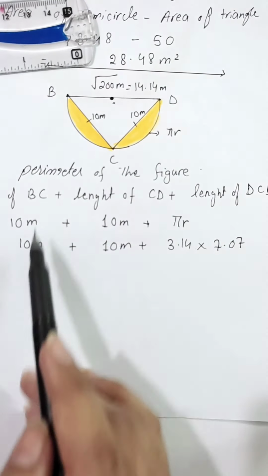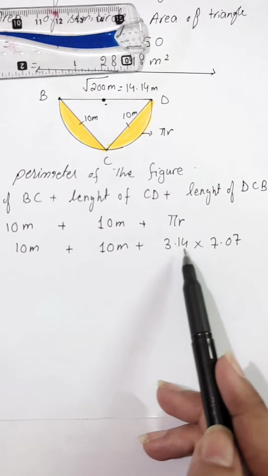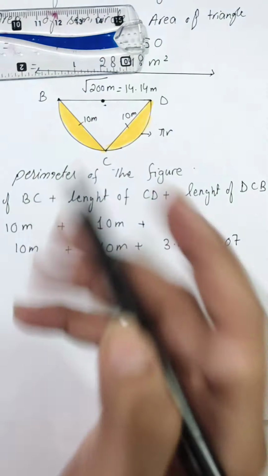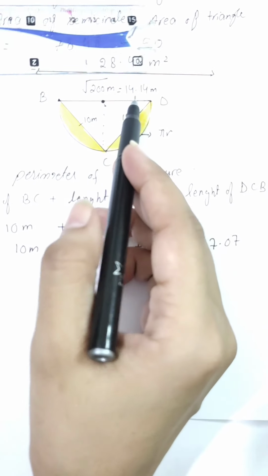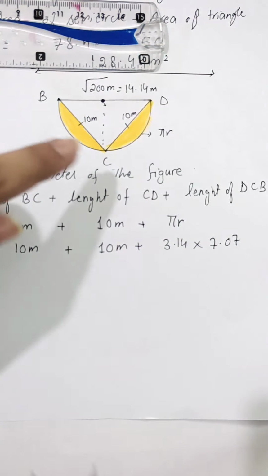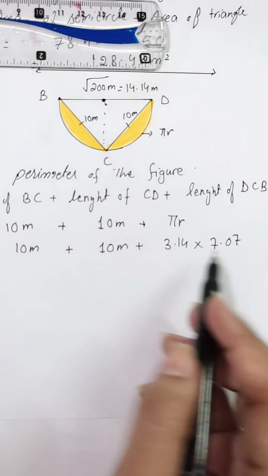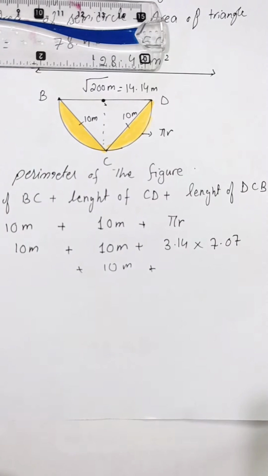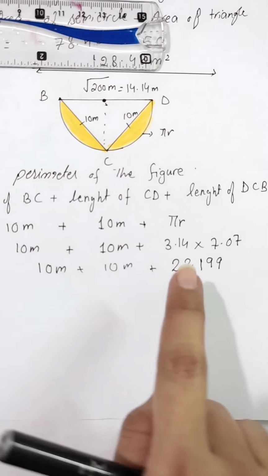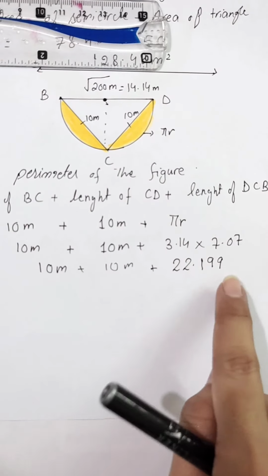Just putting in the values: the value of pi is 3.14, and the radius, we already know, is 7.07, which is half of the diameter. After multiplication we get the answer 22.199, which is approximately equal to 22.2.